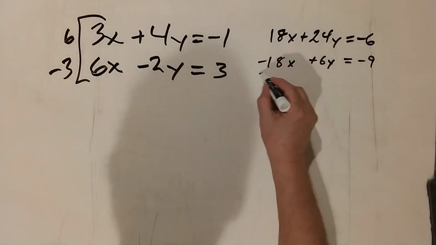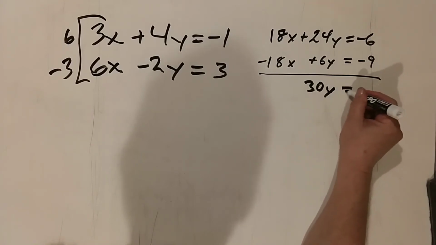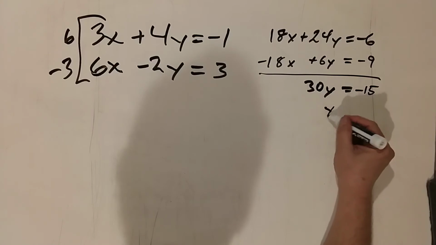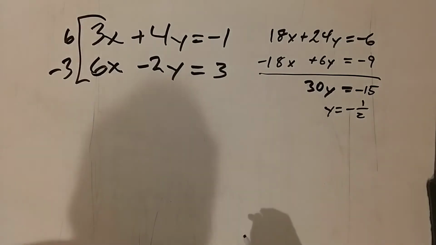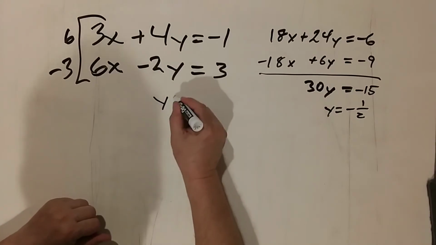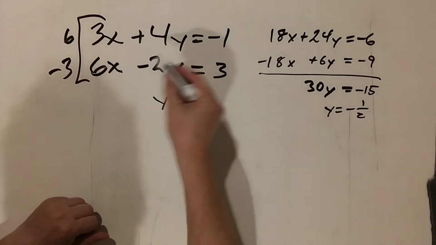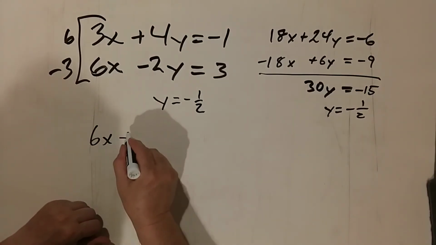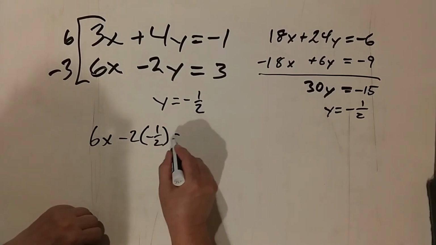Add them together. I get 30y equals negative 15. So y equals negative 1/2. So now I know that y equals negative 1/2. Let's plug it back into the equation above. 6x minus 2 times negative 1/2 equals 3.